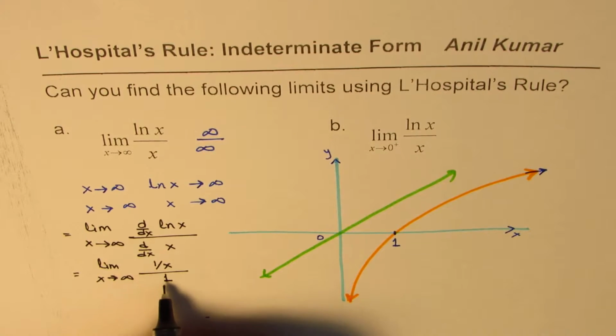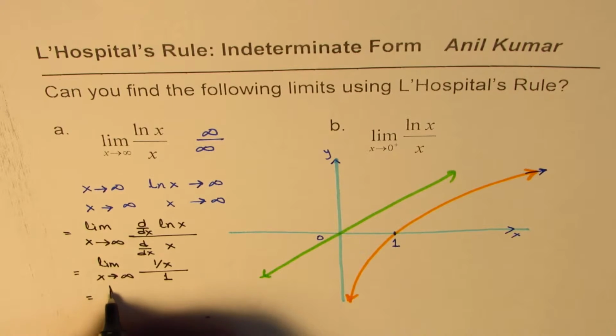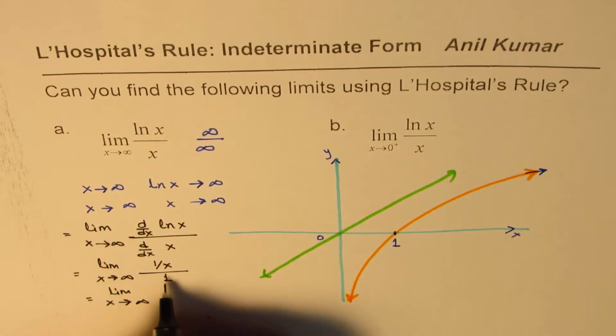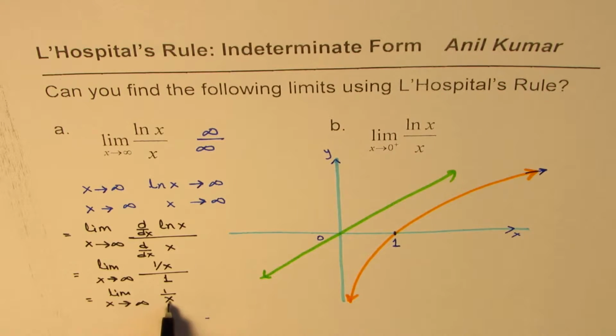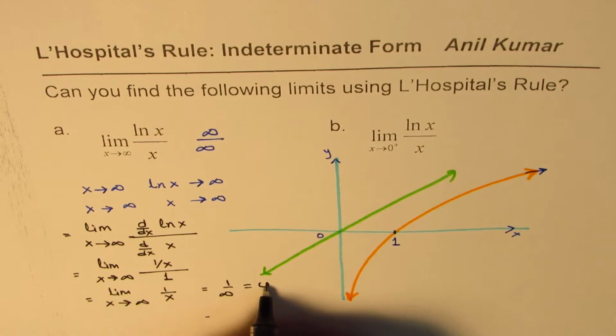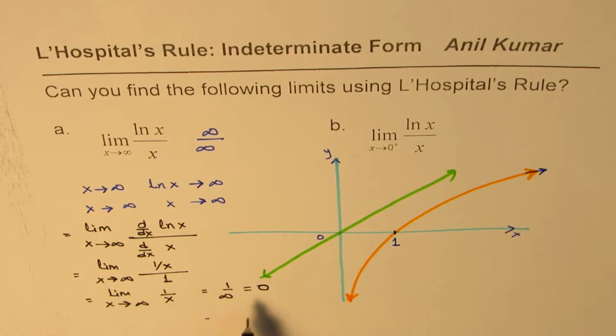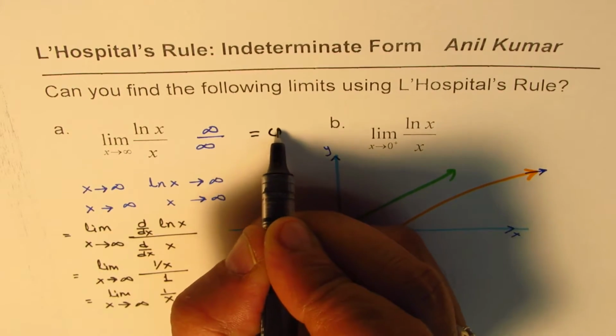So we get 1 over x over 1, which we can simplify to the limit as x approaches infinity of 1 over x. Now if I substitute infinity, I get 1 over infinity, or 0, right? And therefore we can conclude that this limit is indeed equal to 0.